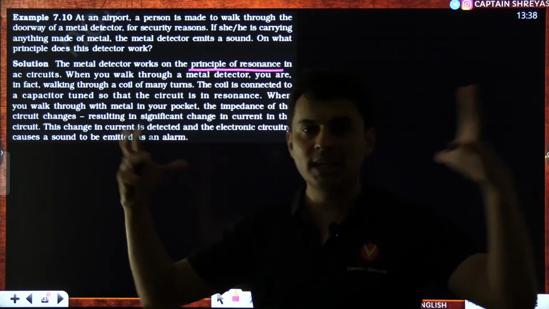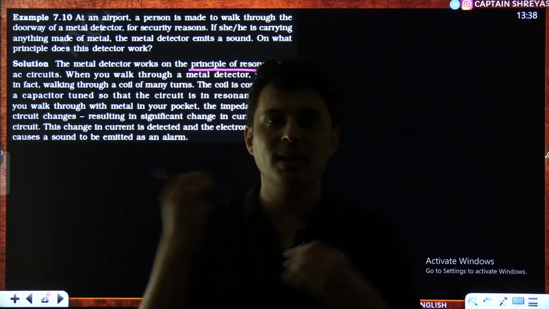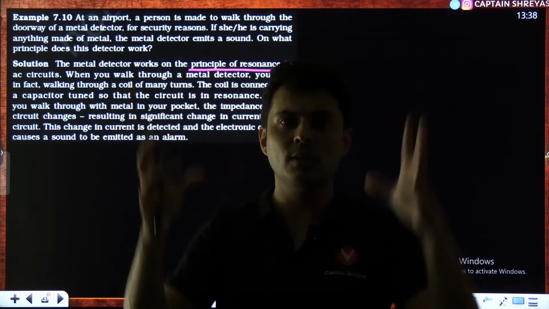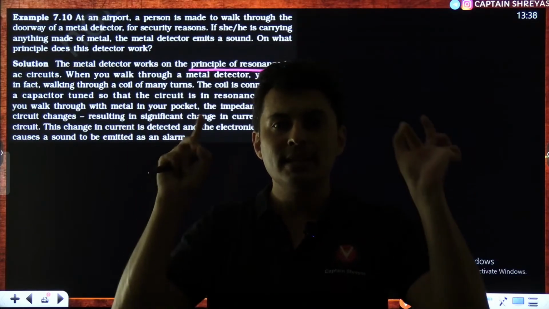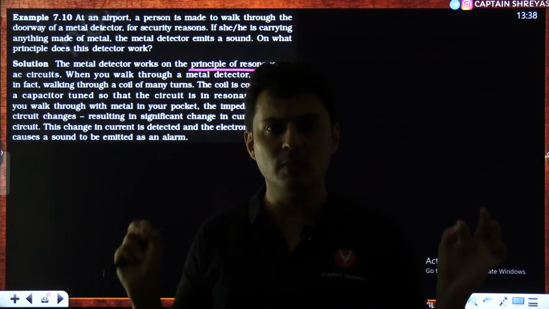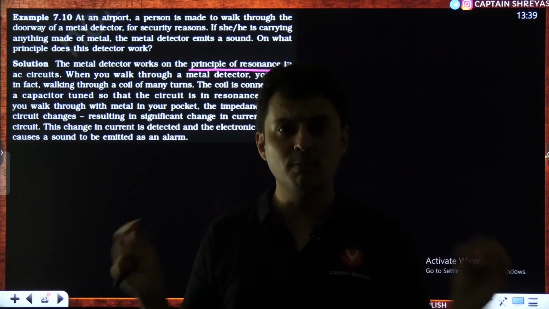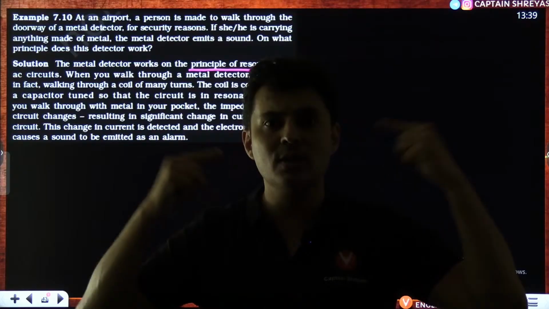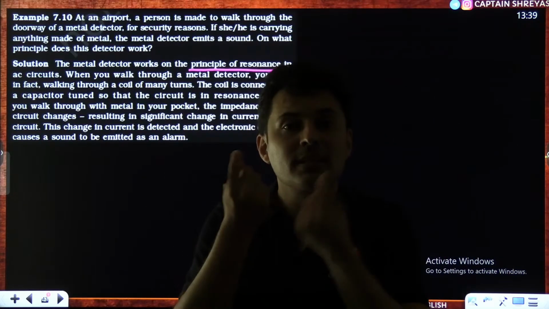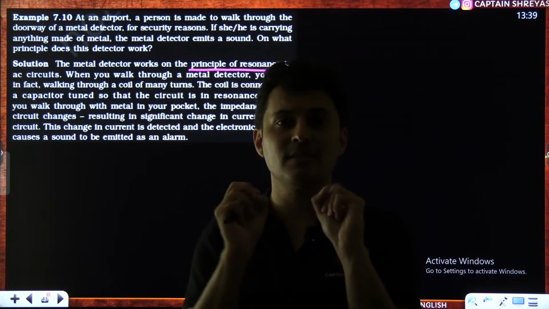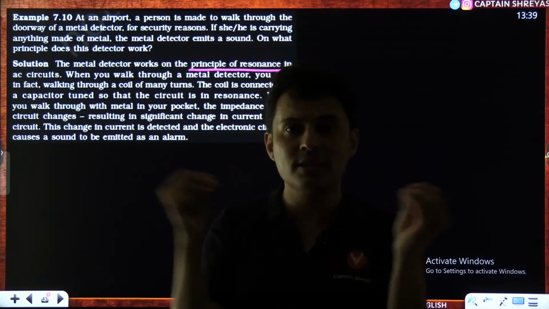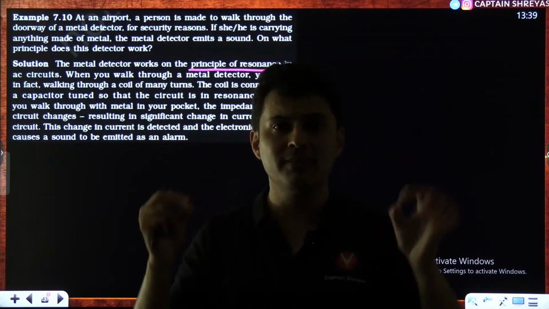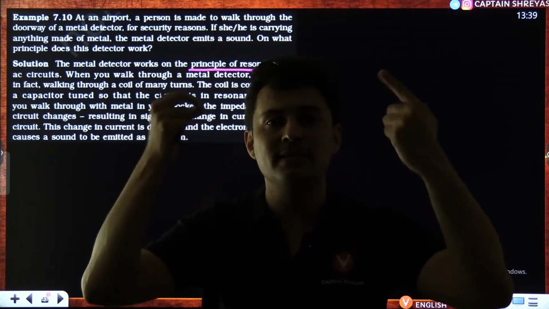Usually the coil is tuned properly and gives maximum current. But the moment you walk with a metallic object, it changes the inductive property of the entire system, because the electromagnetic radiation rebounds, and that creates a change in the current.